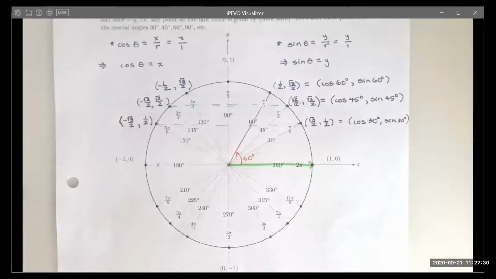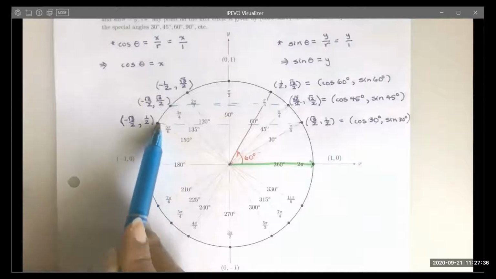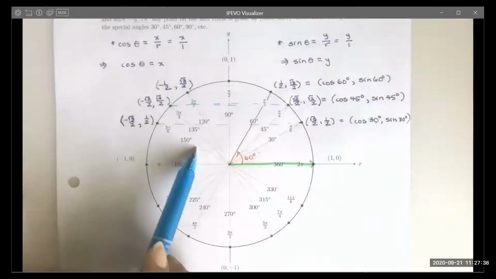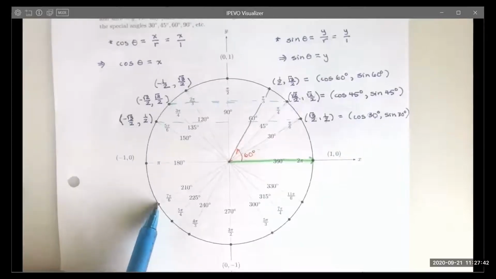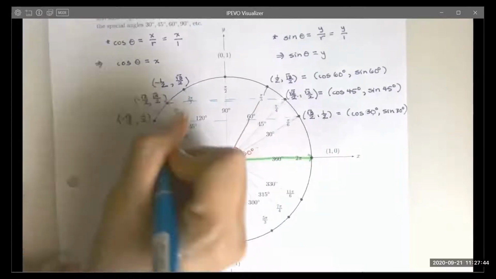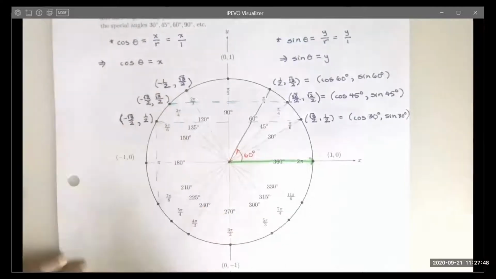So what I mean by that is if I were to use the x-axis as a mirror and take this point on the terminal side of 150, it would reflect over to the point on the terminal side of 210. And so these two would mirror each other.